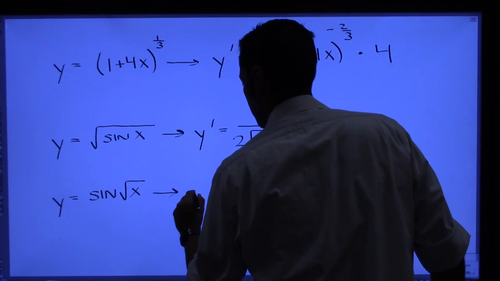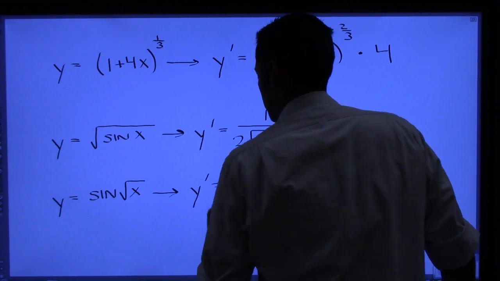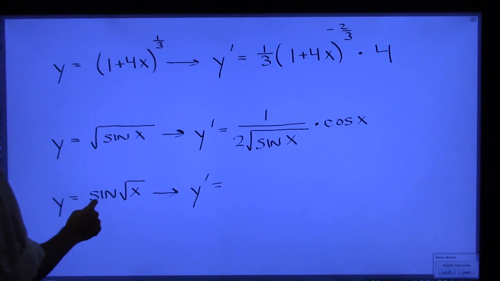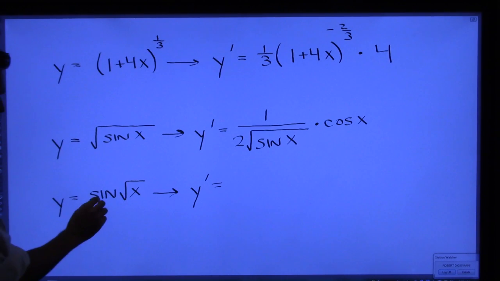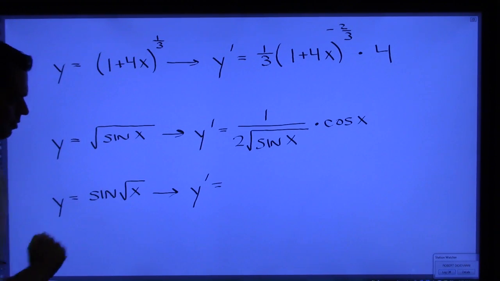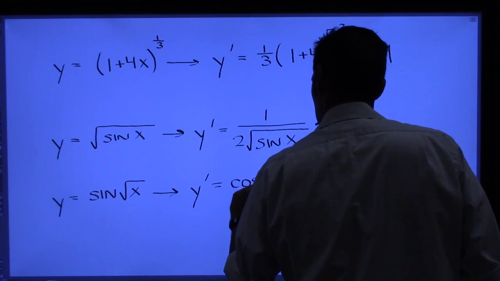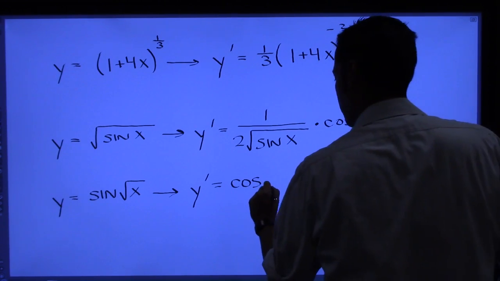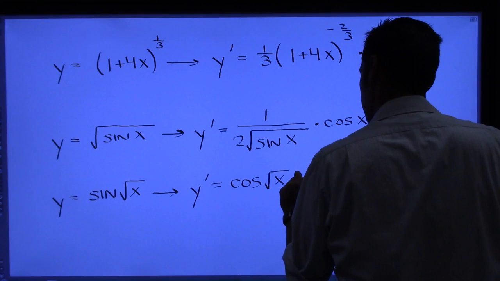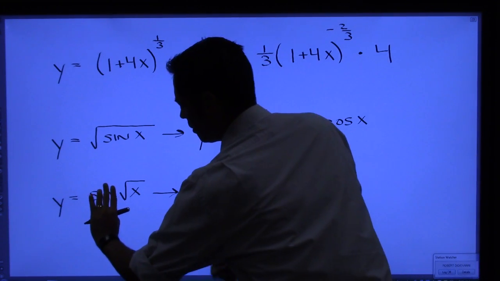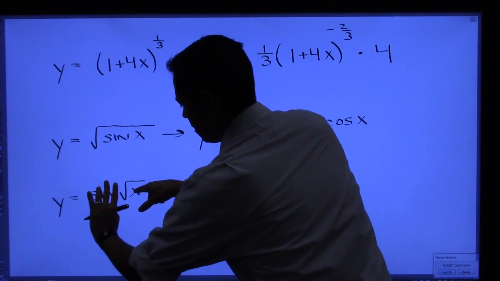This one, the outer function is actually sine. So I have sine of my fist. What's the derivative of sine of a fist? It's cosine of a fist, but the fist was root x. Then times, chain rule, we've done the sine, go inside, take the derivative of what was there.